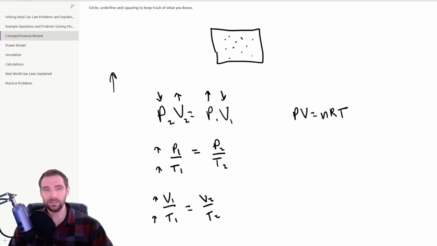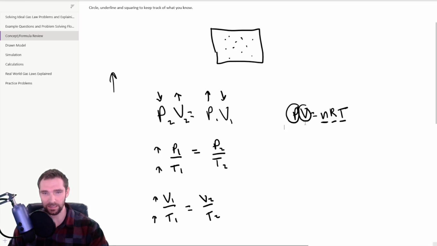So all of these things are essentially being related through what you know and what you don't know to be constant. If you look at this P1, V1, you're basically saying all of this is going to be held constant. And then if I know this change, I can tell you what that change will be. That's essentially what we're doing.